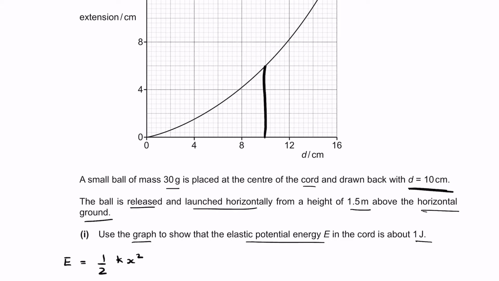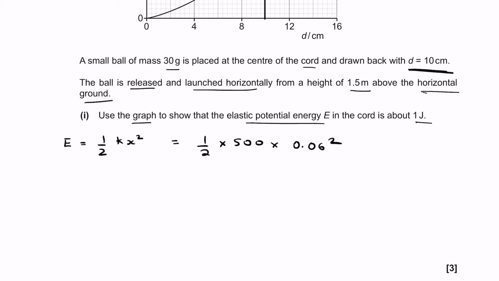That is 6 centimeters on the graph. I'm just going up and across. So this is half times 500 times, don't forget to convert 6 centimeters into meters, 0.06 squared. Popping that into the calculator, I get a value of 0.90 joules, which is approximately 1 joule of energy.